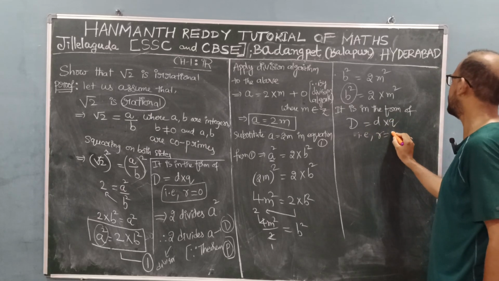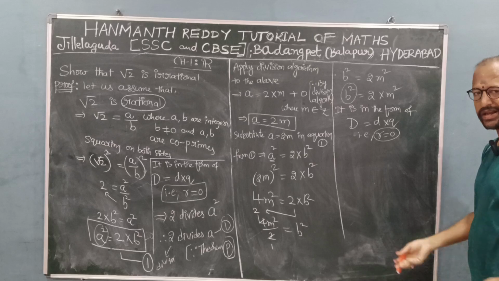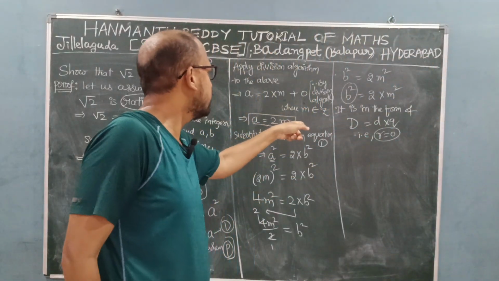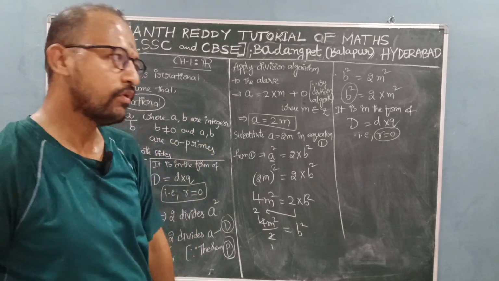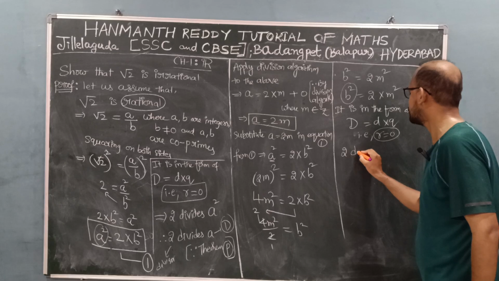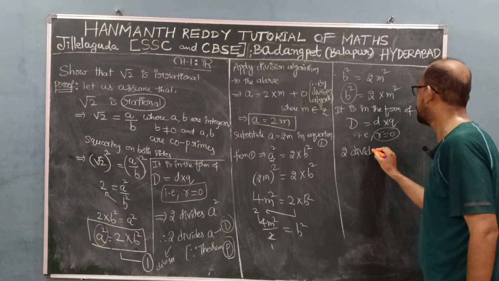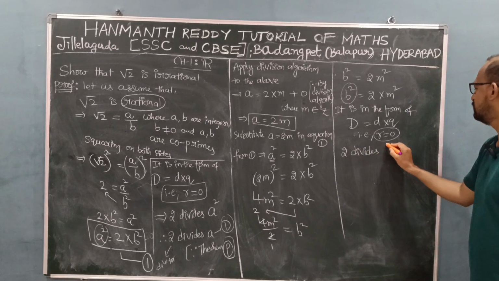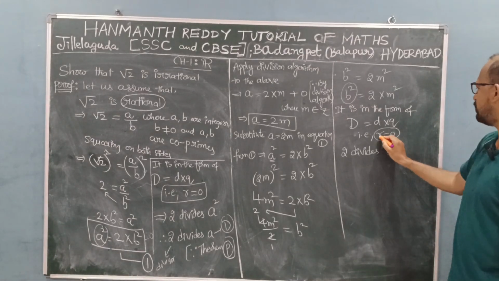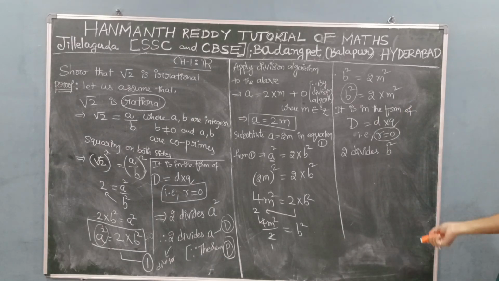Now can I write that the divisor divides the dividend, or the divisor is a factor of the dividend? Yes, therefore, as per theorem 3, 2 divides b square. Am I right or not? 2 divides b square, since the remainder is 0 by the division algorithm.